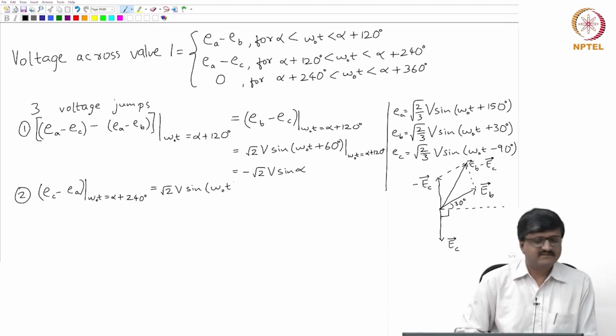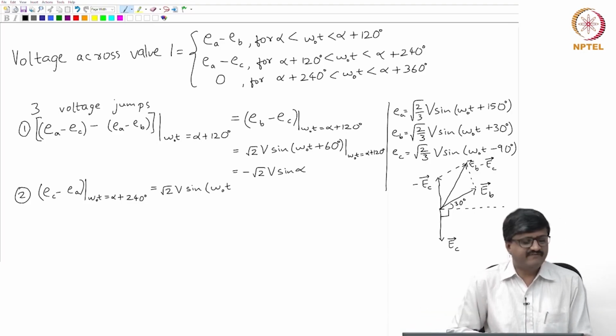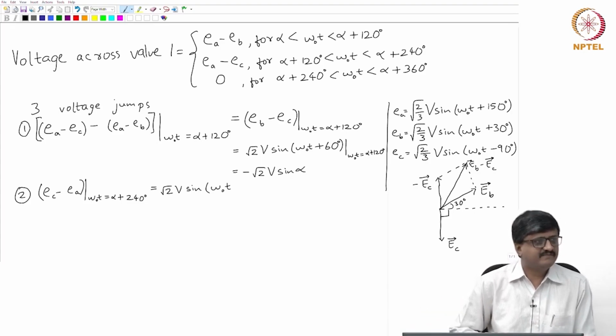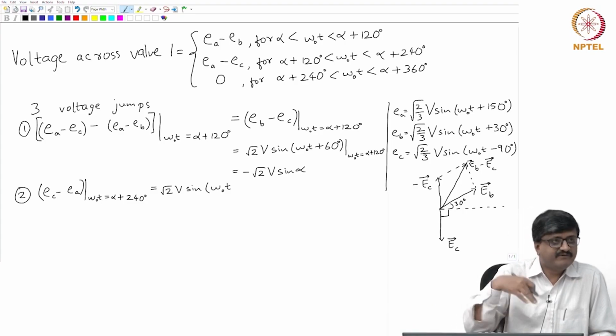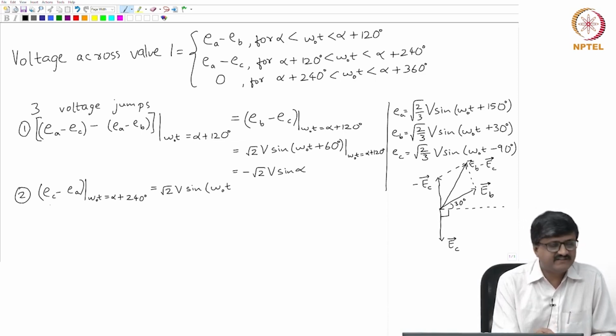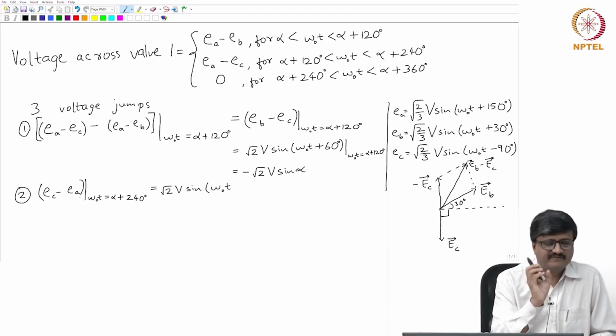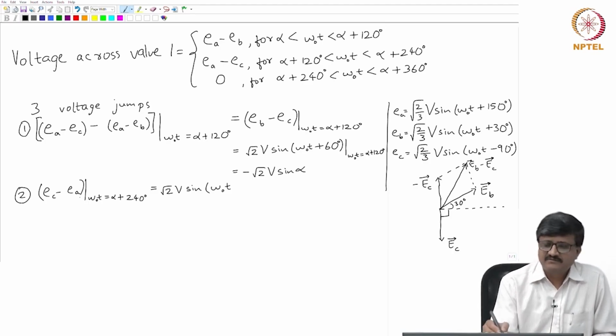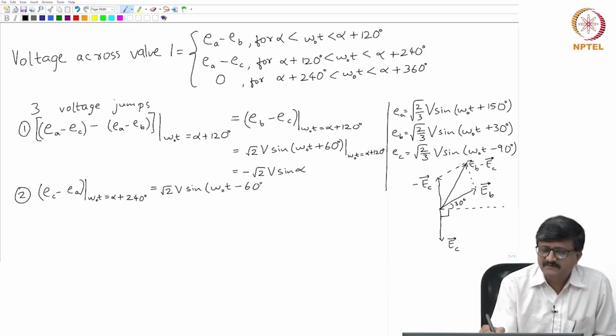Say I want minus EA. So, EA is having a phase angle of 150, so minus EA has a phase angle shifted by 180 degrees, minus 30. So, EC is having minus 90, minus EA is having minus 30. So, a phasor of phase angle minus 90, another one is minus 30. So, the resultant is having a phase angle minus 60. So, this is minus 60 degrees.